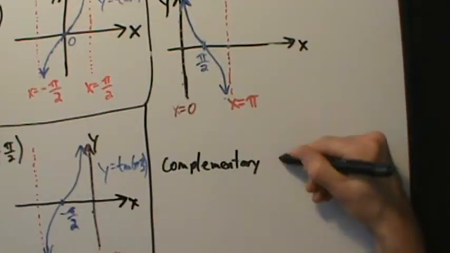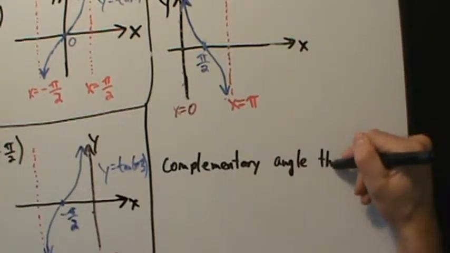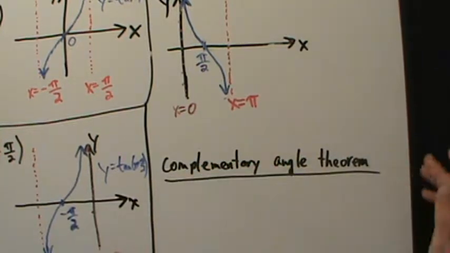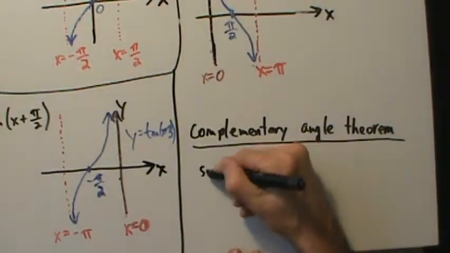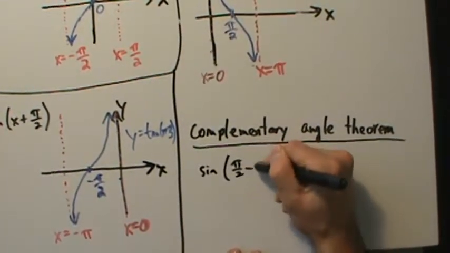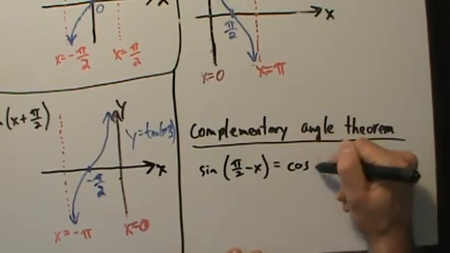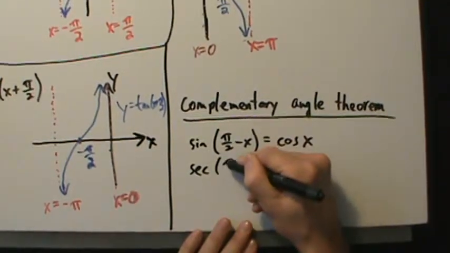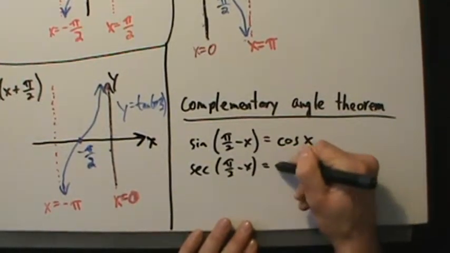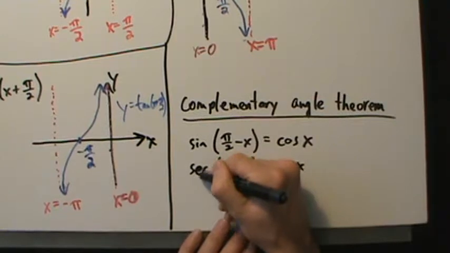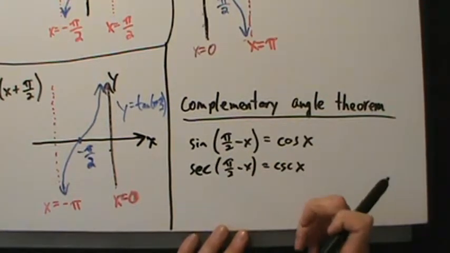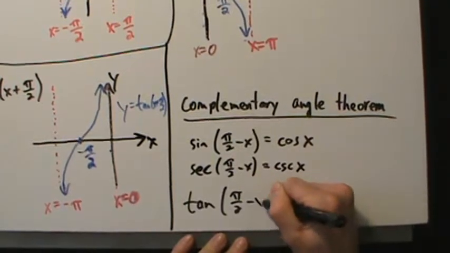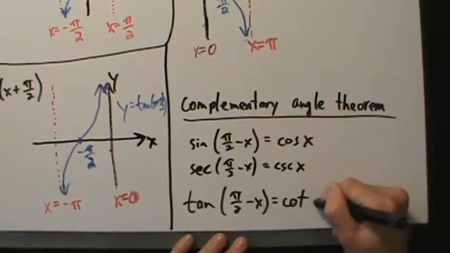It told us that sine of pi over 2 minus x equals cosine of x, and that the secant of pi over 2 minus x equals the cosecant of x. But the relevant piece here is the tangent of pi over 2 minus x equals the cotangent of x.